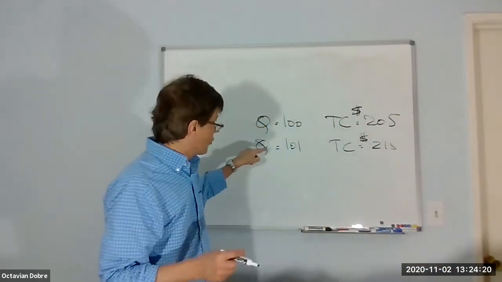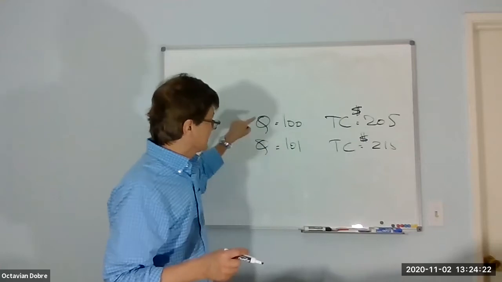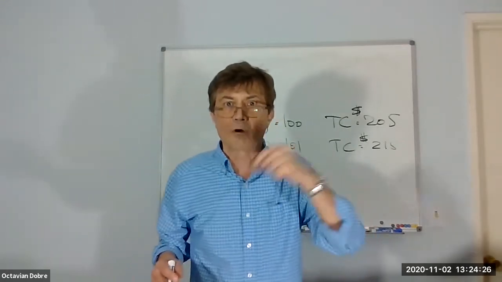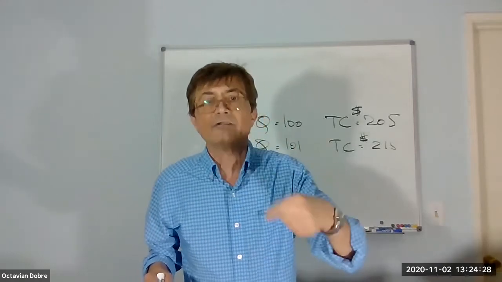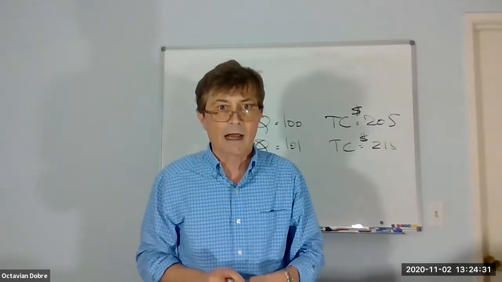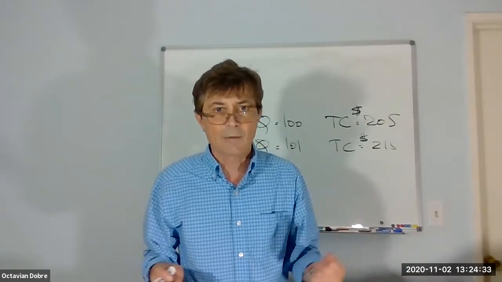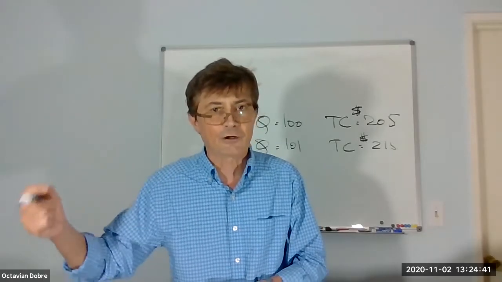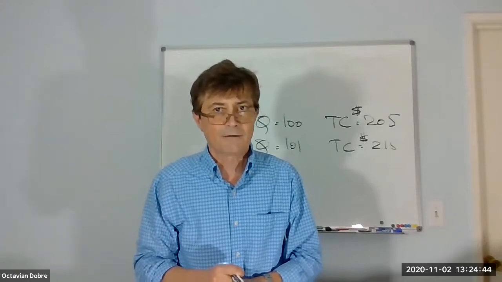Because this is the cost of 101 units, and this is the cost with 100 units. So that means that the contribution, or the marginal cost, of the 101st unit is how much? Kimiko, can you tell me? Question again? How much does the 101st unit contribute to the cost?